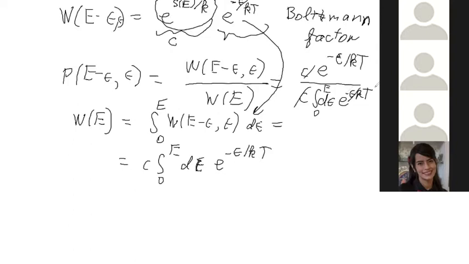All right. And now you can notice that we basically expressed the probability of finding a given system. If I recall, we have placed a constraint on the number of particles and on volume.